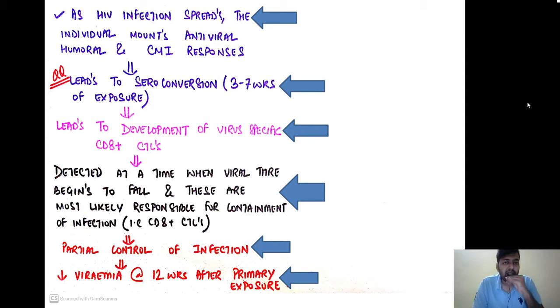So remember one thing, the seroconversion is taking place at 3 to 7 weeks and the viral titer falls at around 12 weeks. And at the time that the viral titer starts to fall, there is a predominance of the CD8 plus cytotoxic T cells. So the CD8 plus CTLs are the lymphocytes which are responsible for early containment of infection.